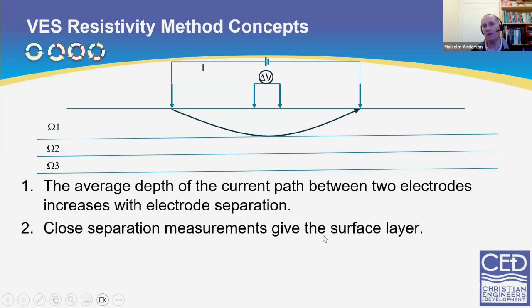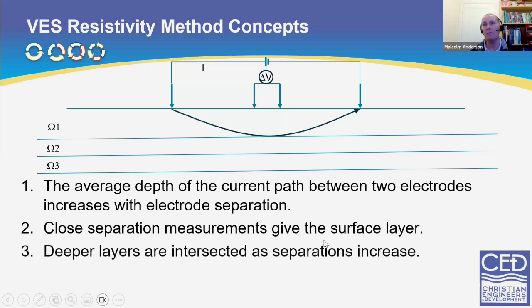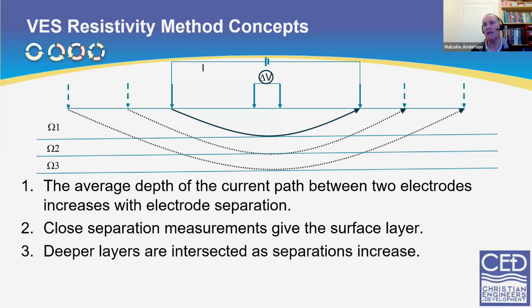The close separation will give the surface layer, but if you increase the electrode separation, you're going to get progressively deeper descent of the current, and as a result you can then build up a model by subtracting the layers above from the one that you're trying to measure, so you effectively get a layer by layer model.